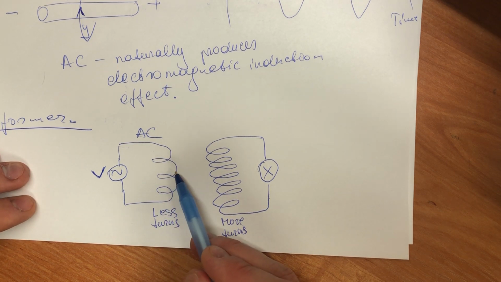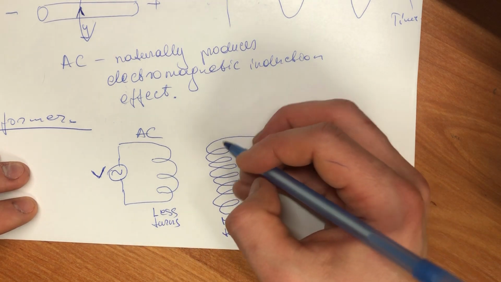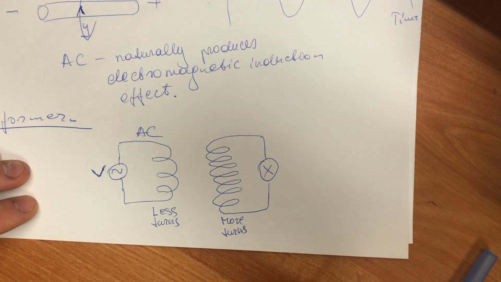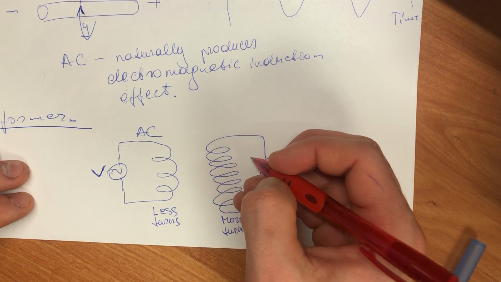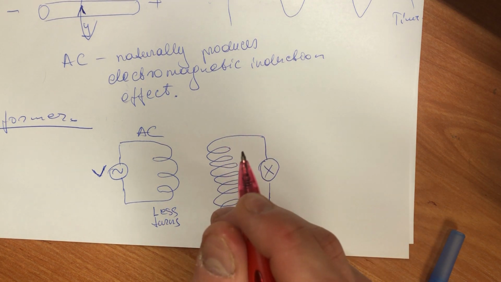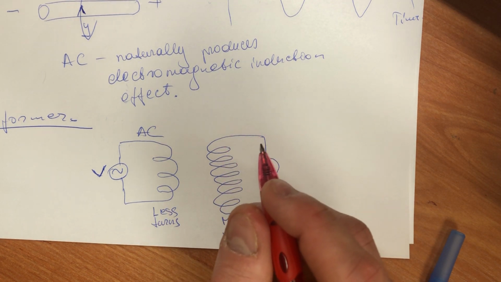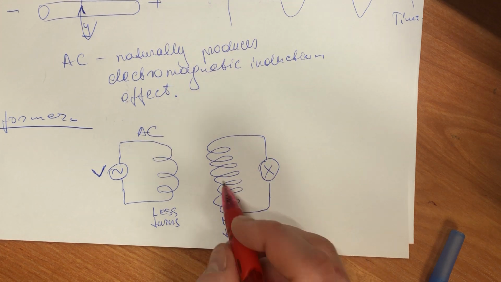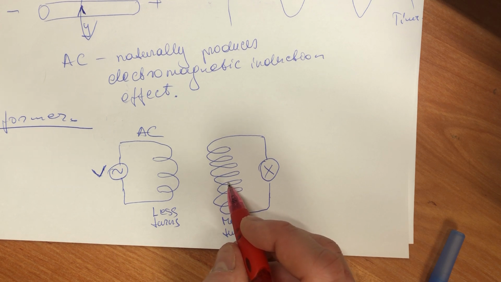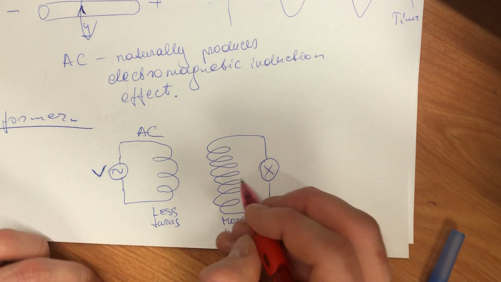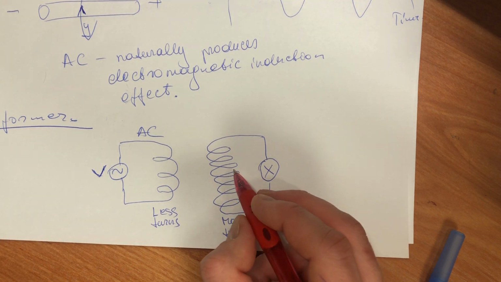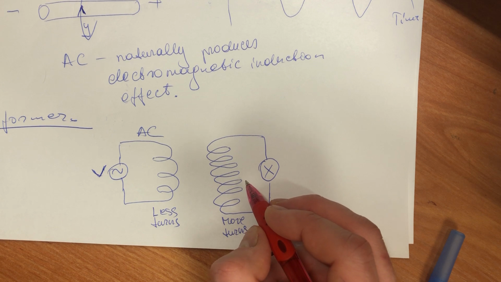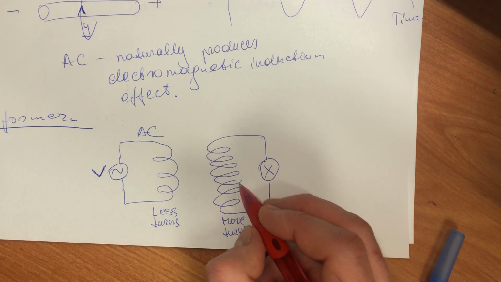these coils, it produces a magnetic field, and because of the magnetic field, then the magnetic field passes through these lines, and it creates voltage in these coils.